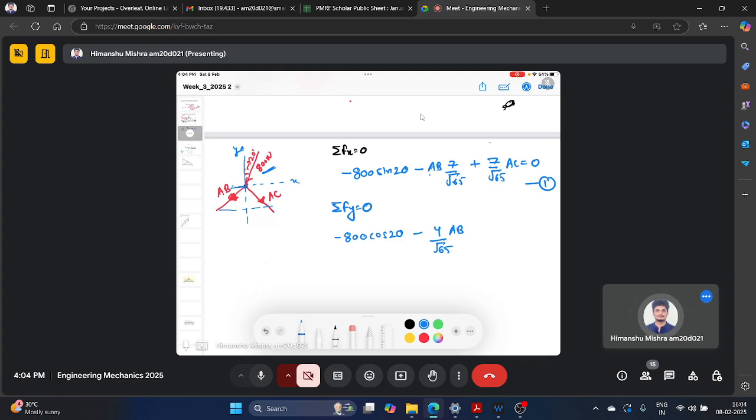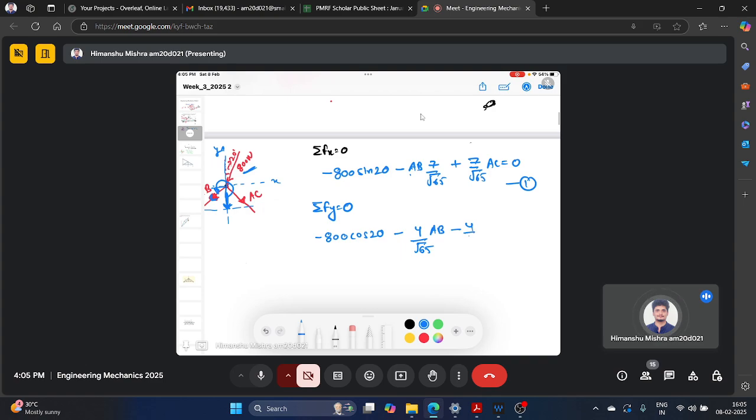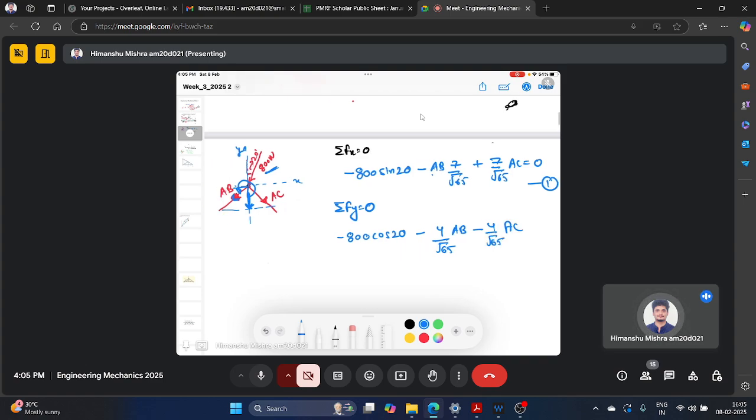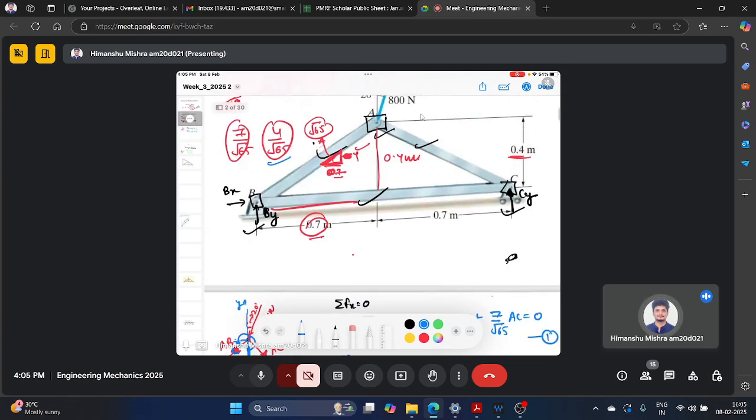Sine component means I actually need this component and I already know this one, so this will be given by sine, right? So this is minus 4 by root 65 AB, minus 4 by root 65 AC, because both are going in downward direction, which is minus y direction. So both are minus, equals to 0. And this is equation 2. When we solve these two equations, we can find the force in member AB and AC.